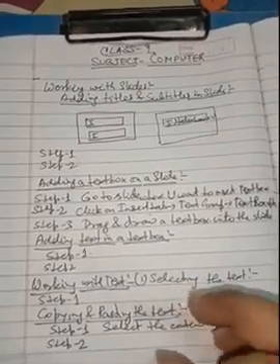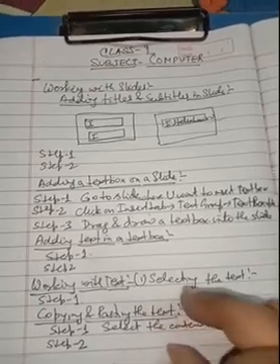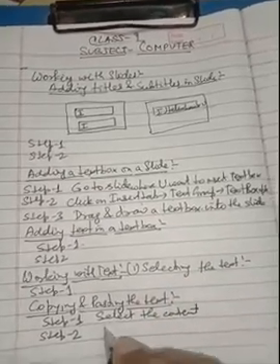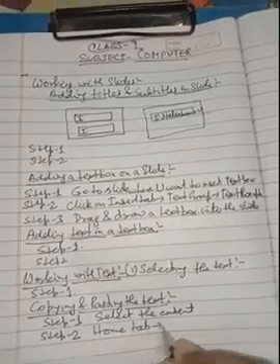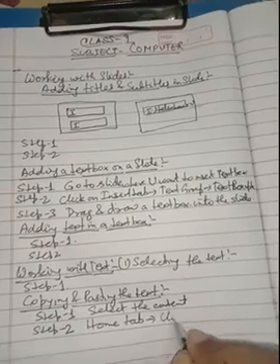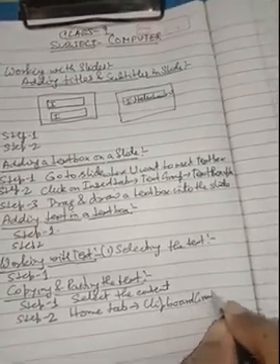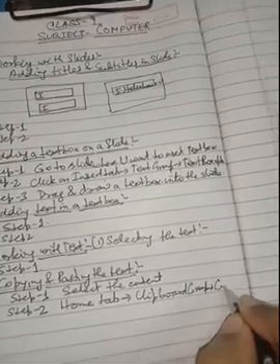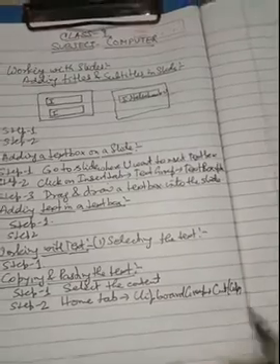After selecting the content, you can use the cut option or copy option that is available in the home tab. Remember, it is available in the home tab, and in the home tab we have to move to the clipboard group, and from the clipboard group we have to click on the cut or copy option as per our requirement.